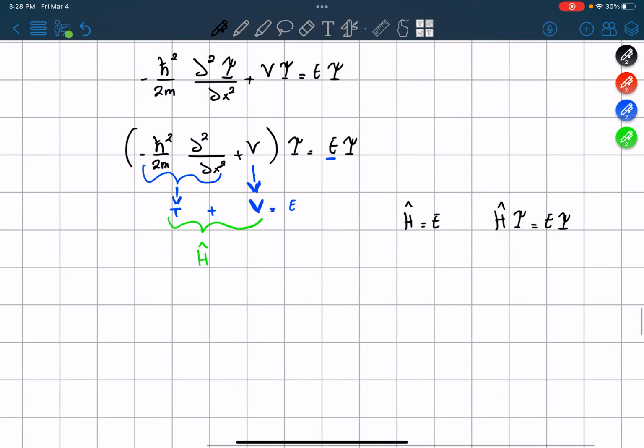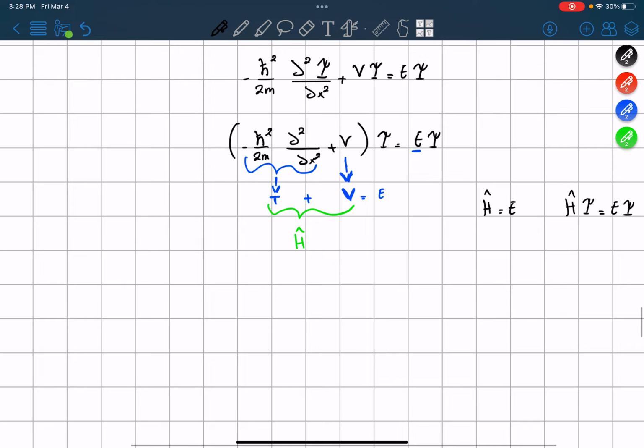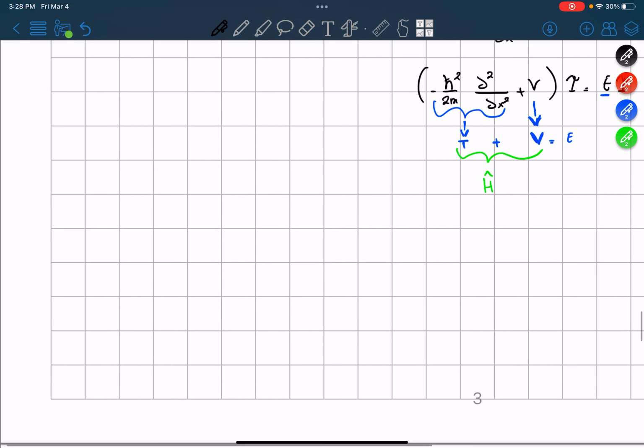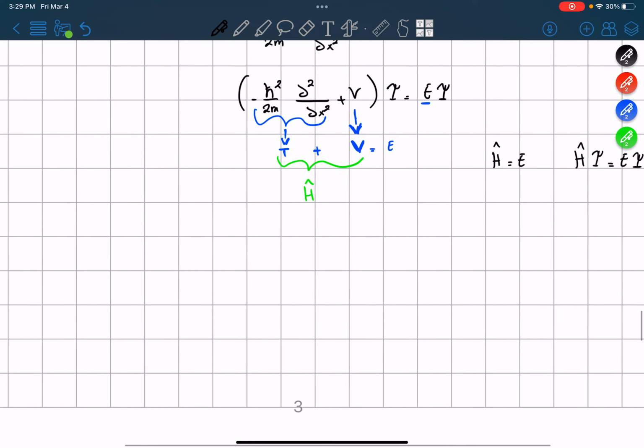Now we want to check, for example, what is the average value of the Hamiltonian? What is the average value of the sum of these two?